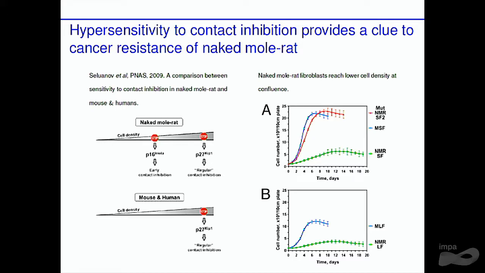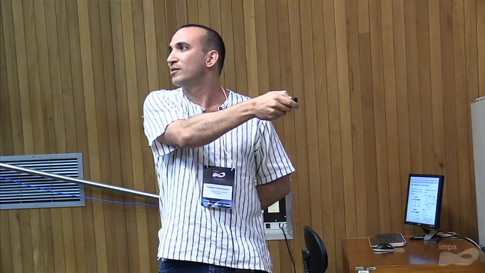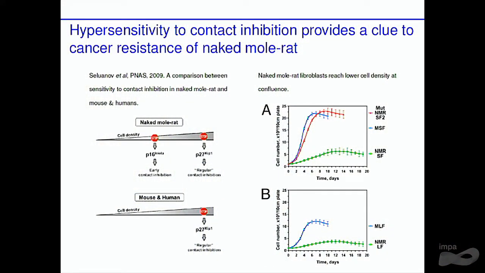And this gene, whenever it is there and operating normally, controls cell proliferation such that it blocks it at much smaller cell densities in comparison with the situation when you don't have this P16 gene. So it is hypersensitive to the existence of different cells around it. This is a strong mechanism that controls cell population in a given tissue of naked mole rats. So it is a homeostatic mechanism.